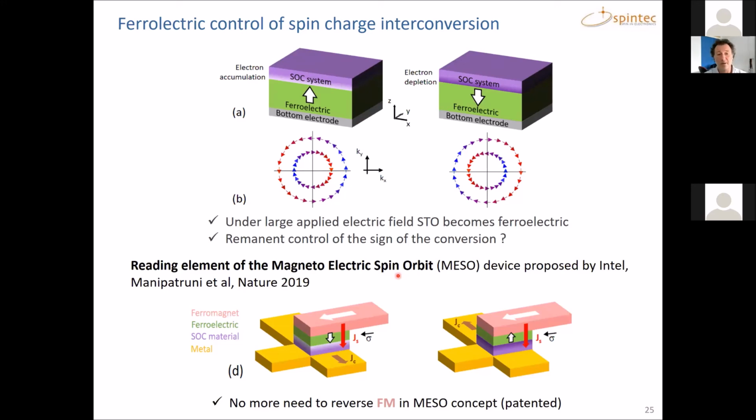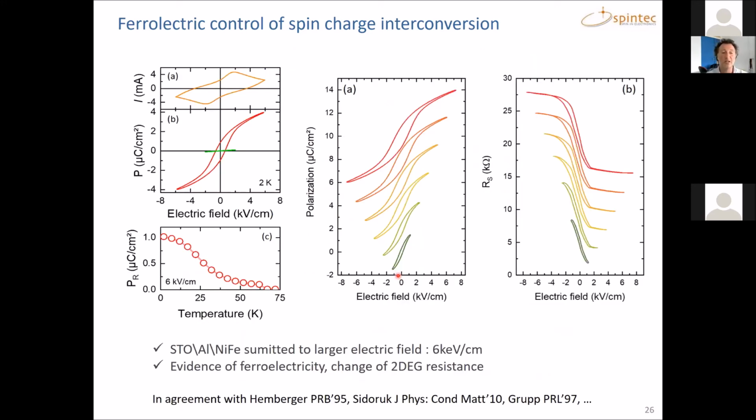So we have applied a very large electrical field to the STO. At quite low electrical field, the STO shows no polarization curve. And when we achieve sufficiently large electrical field, we start to see an opening of a ferroelectric curve with its polarization vanishing around 50K.